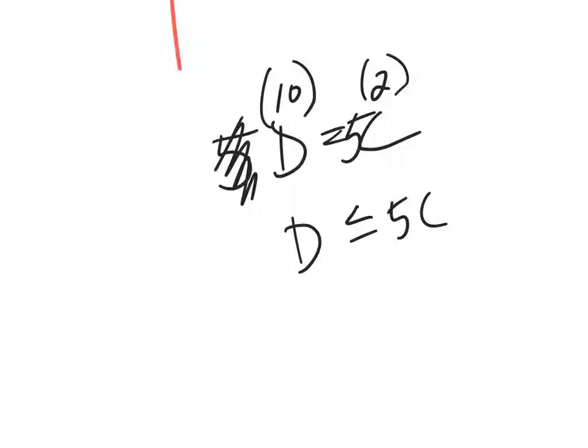Now, what if I wanted to make sure I was right? What would be a combo of dog and cat where it's a little less than 5 times as much? How about 9 to 2 versus 10 to 2? See what I'm saying? Now we've got to see if that actually works. That's the best way to check these, because it is common for people to mess these up. 9 is less than 5 times 2.